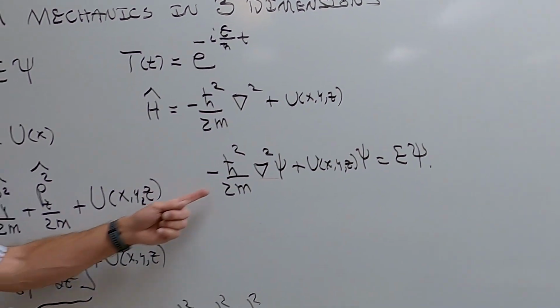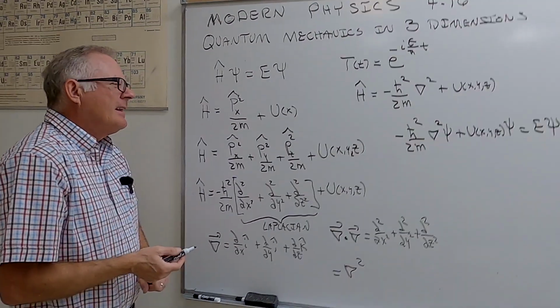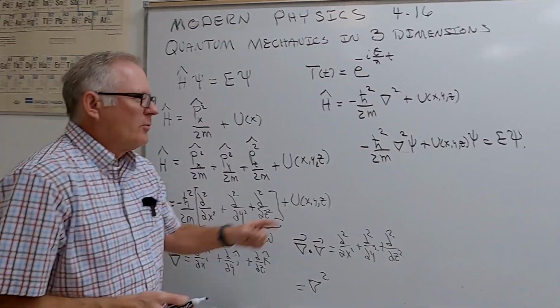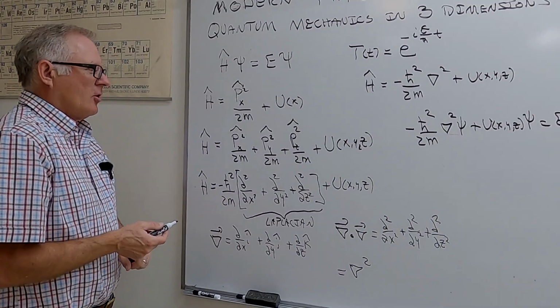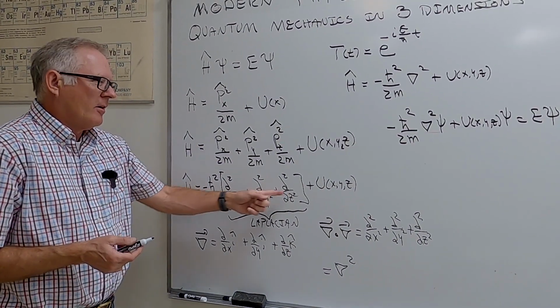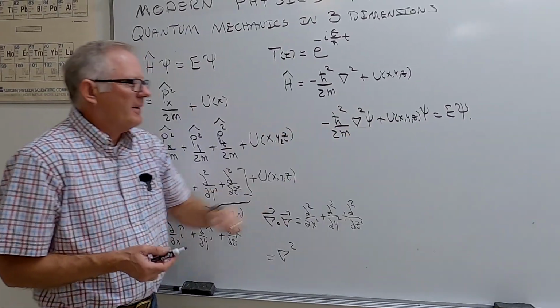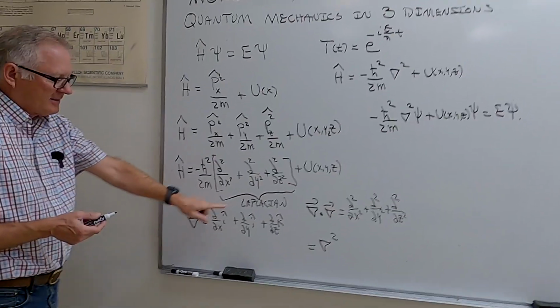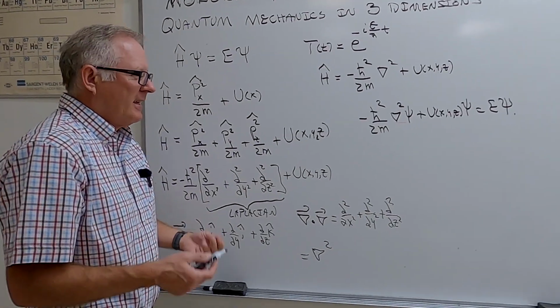So this is what the time-independent Schrodinger equation would look like in 3 dimensions. I'll probably just use this one instead. This is the same thing as the del squared right there. It's called the Laplacian.